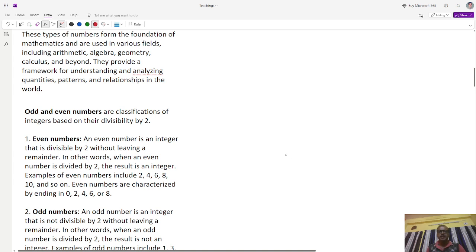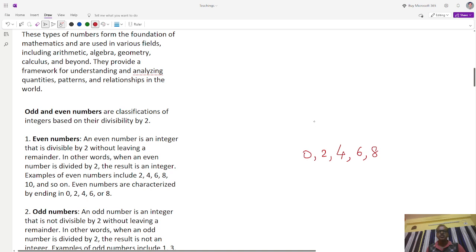We can identify whether any number is even or not by seeing the last digit of a number. If the last digit of a number is either 0, 2, 4, 6, or 8, then this number is an even number.